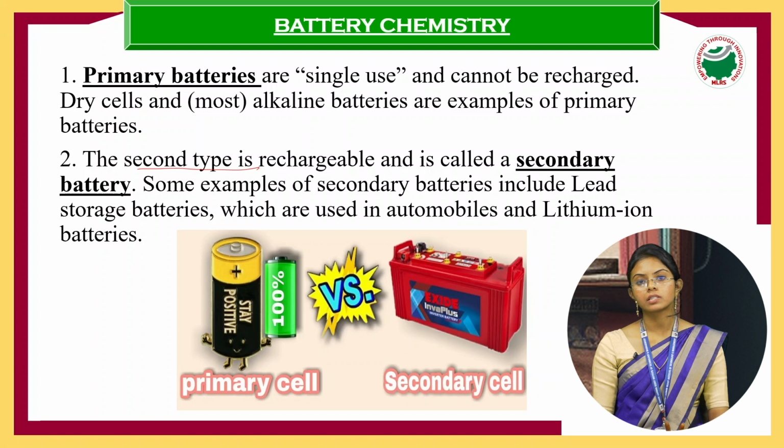The major difference is that the primary battery is non-rechargeable, like we use in our torch lights, and a secondary battery example is the lithium ion battery which we use in our laptops, phones, etc.